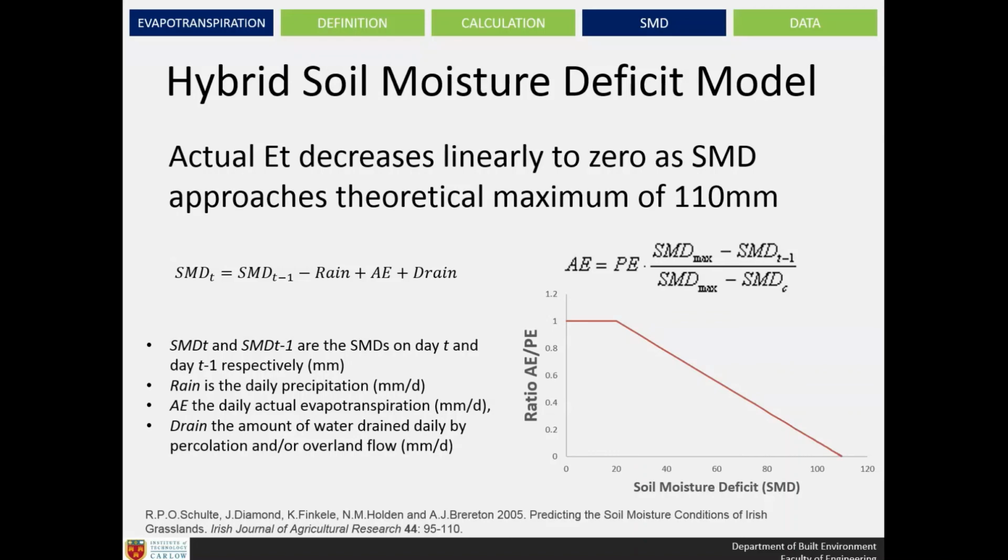If you're trying to get the relationship between groundwater levels and rainfall, and you're doing basic analysis, water balances or cross correlations, it's often worth calculating the soil moisture deficit using this model, calculating actual evapotranspiration, and then getting an estimate of what's left over, and then trying to relate water levels with that. This is built into our groundwater models, and we use this model.